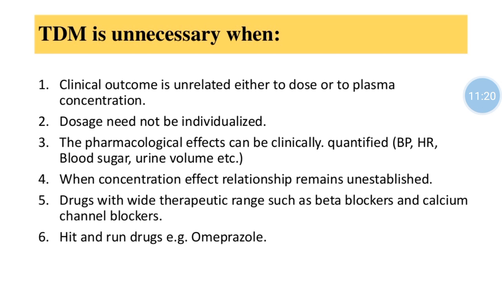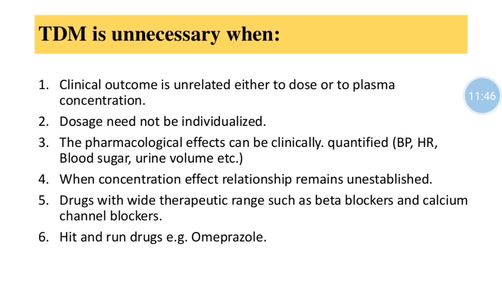If that effect does not change when the dose is changed, then monitoring is unnecessary, it is not required. Then, doses need not be individualized, meaning for an individual person the dose should not be changed. So in that case also we should not go for therapeutic drug monitoring.